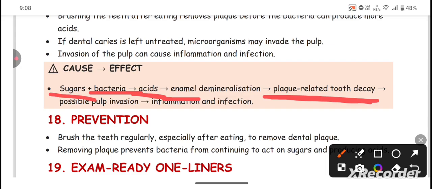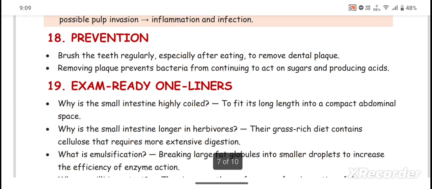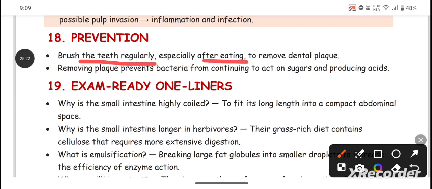Plaque formation leads to pulp invasion in our pulp cavity, leading to inflammation and infection. So what is the prevention for this dental plaque? We need to brush our teeth regularly, especially after eating, to remove the dental plaque. Removing plaque prevents bacteria from continuing to act on sugars and producing acids.